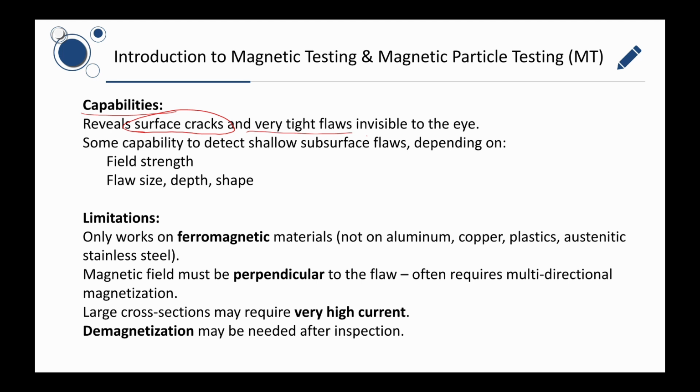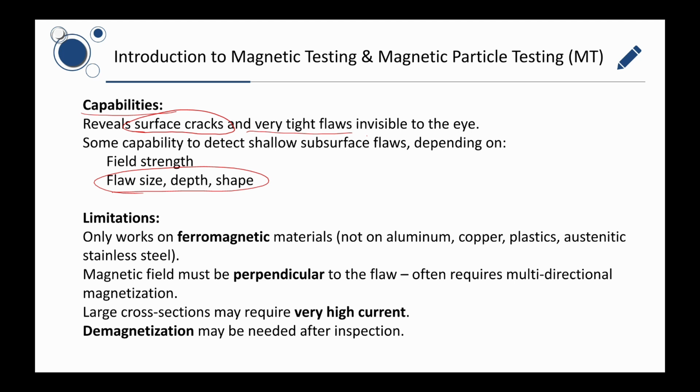Even hairline cracks that are invisible to the naked eye can be detected by MPT. At the same time, detection of near surface flaws: it can also detect shallow subsurface flaws depending on magnetic field strength, size, depth and shape of the flaws. For example, a small subsurface inclusion or lack of fusion in welds may be indicated.